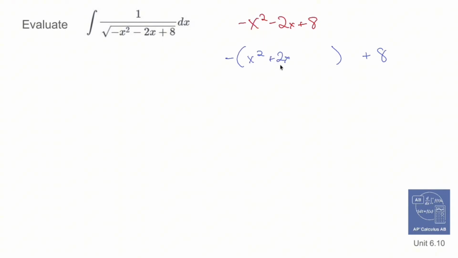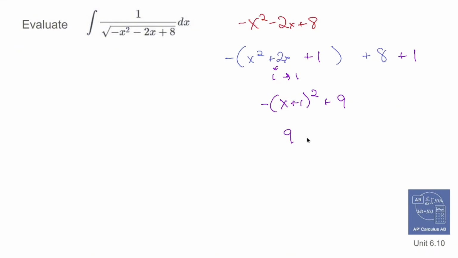If I take half of this, which is 1, square it, which is 1, and add 1 to that, I'm good. Me adding 1 to this is the same as minus 1 in this whole chunk right here. If I subtract 1 from an expression, the only way to balance it out is to add 1 over here. But this is good news, because that becomes x plus 1 squared plus 9.